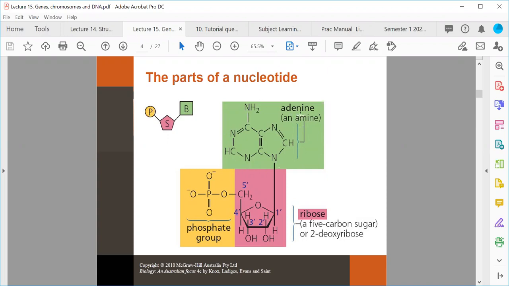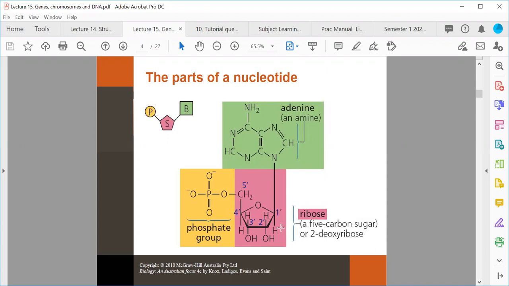Nitrogenous base, in this case it's an adenine or simply A, and that is bonded to our sugar, in this case a ribose sugar. So we know this nucleotide is actually found in RNA.